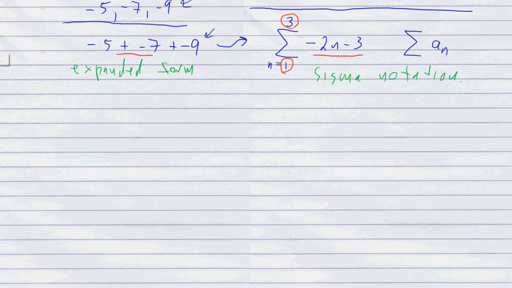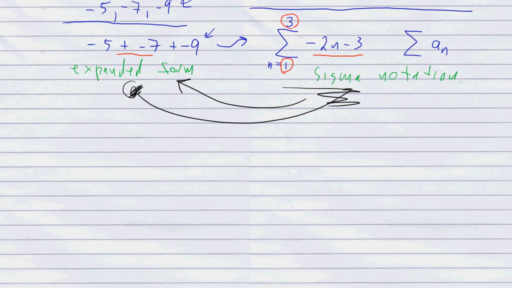So if you're given sigma notation, you'll start with this and write it like that. Or if you're given expanded form, they'll have you write it like that. So they're sort of related problems, as you can see.